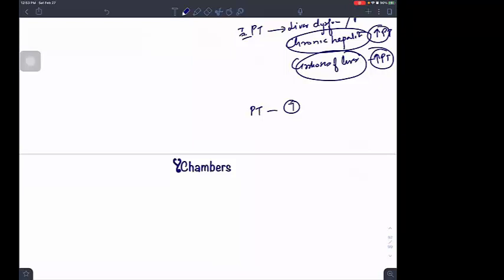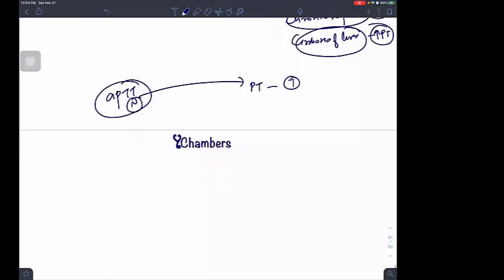APTT stands for activated partial thromboplastin time. So if someone's APTT is normal, you should check the PT. Okay, for factor 7 deficiency. If someone is having a normal APTT, you can check the factor 7 deficiency. Okay, so there is no doubt, I hope.